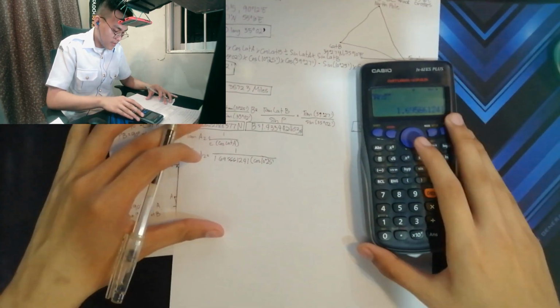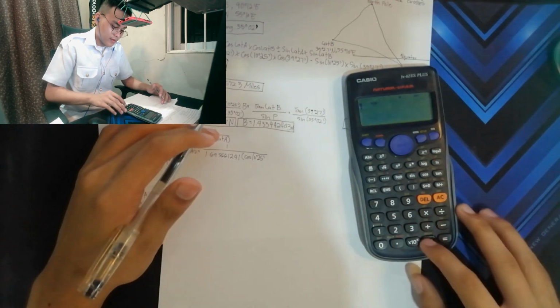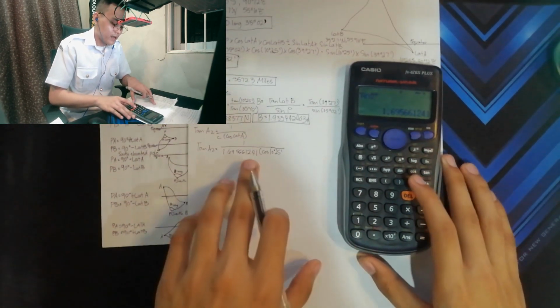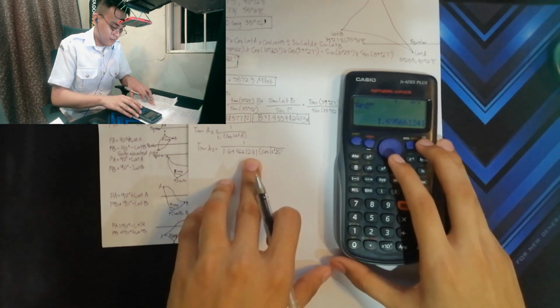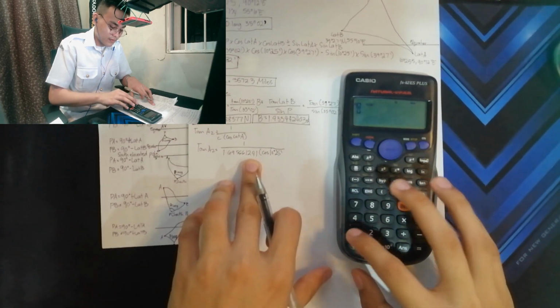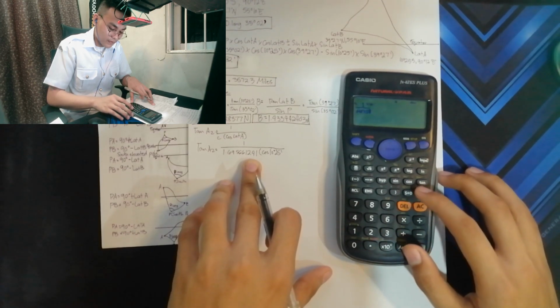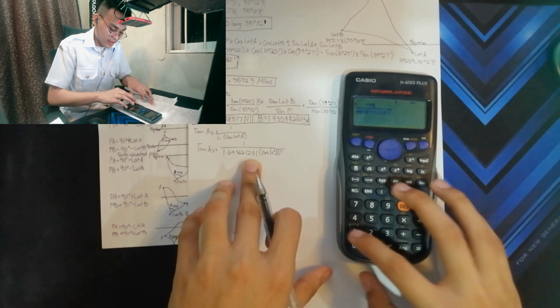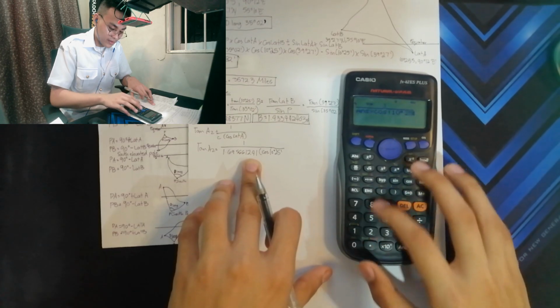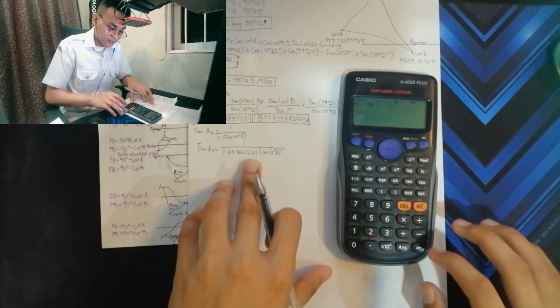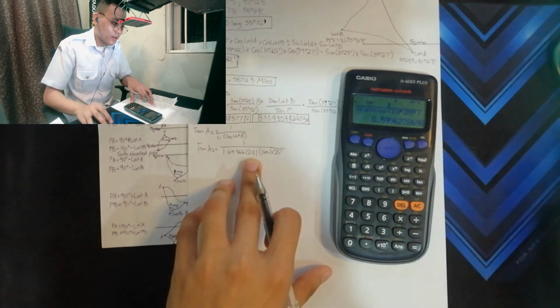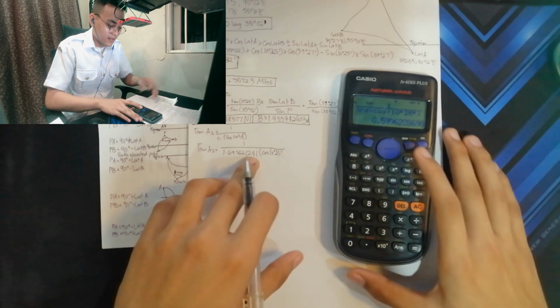As you can see, I have input RC. So all I'm gonna do is press 1 over answer times cos 10 degrees 25 minutes. So we'll arrive at this value.